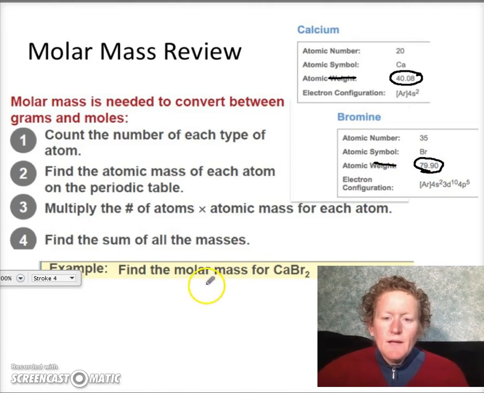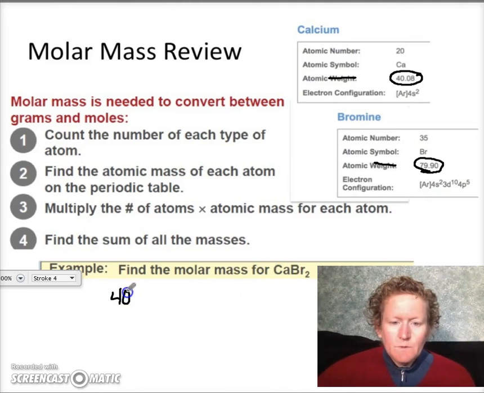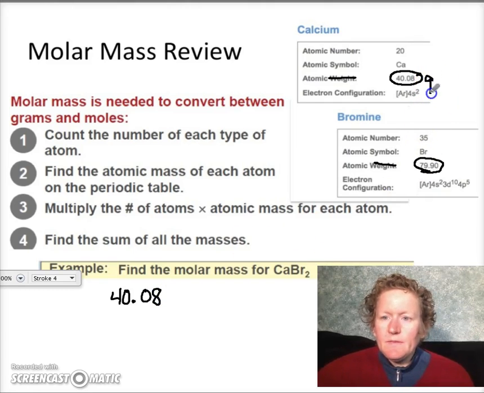So if we want to find the molar mass for calcium bromide, we need to add the mass of calcium, which is 40.08 grams. I got that from the atomic mass on the periodic table. And then we need to add the atomic mass of bromine. And we need to do that twice.